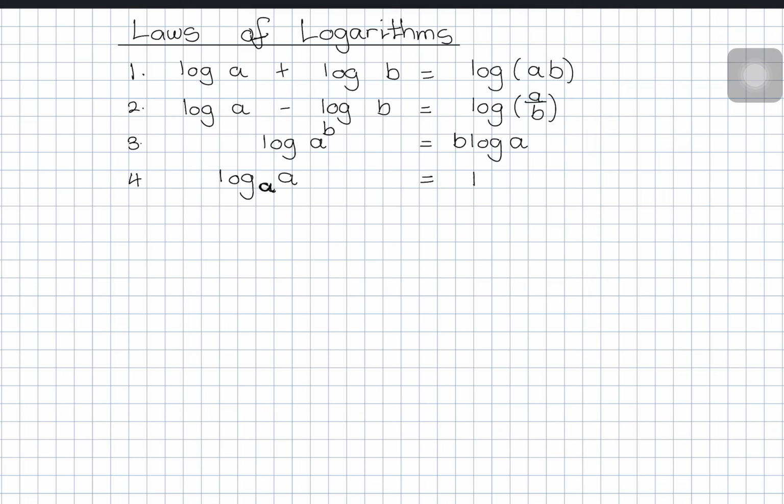Law 4, example 1. In example 1, let's look at this one.